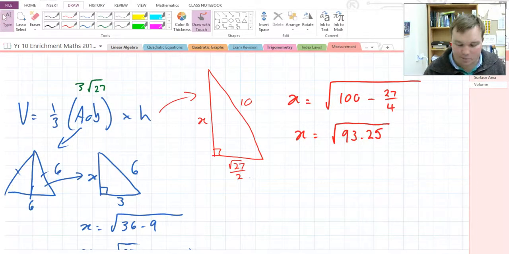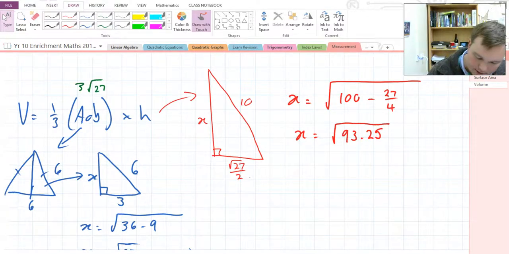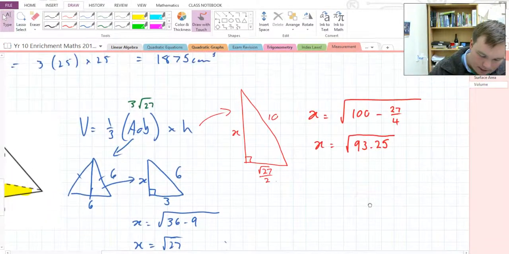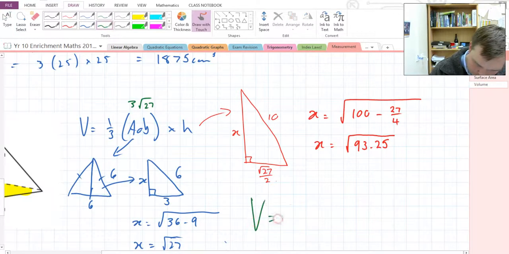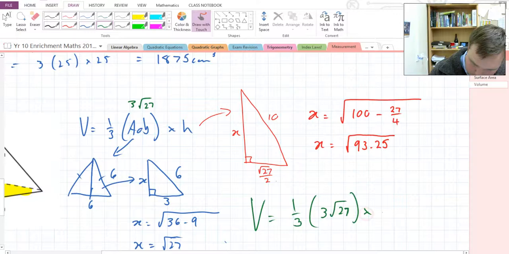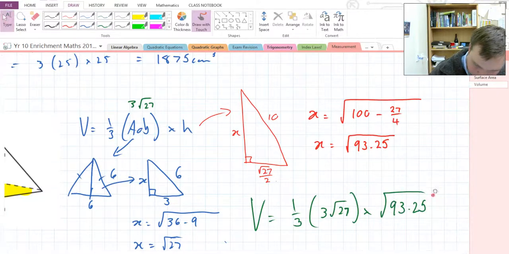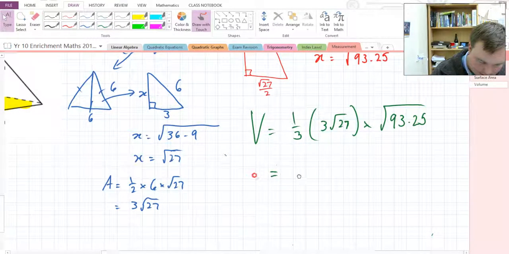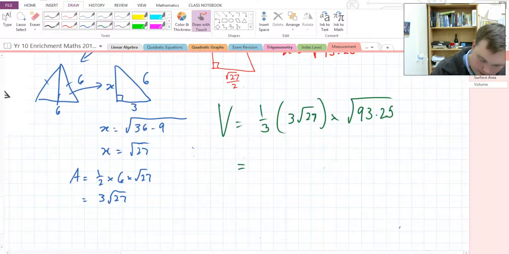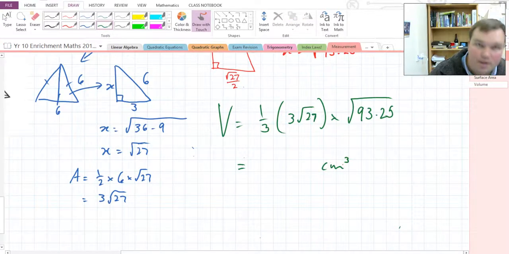Ideally, we wouldn't go to decimals, but it's an exact decimal, so I'll get away with it now. So, our volume is going to be a third multiplied by 3 root 27 multiplied by root 93.25. And you can throw that in your calculators and just make sure the final answer is in centimeters cubed. Thank you very much.